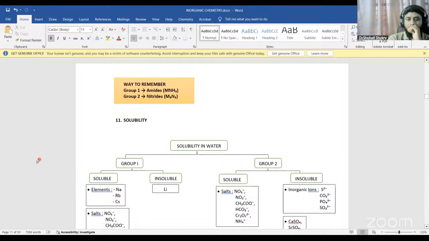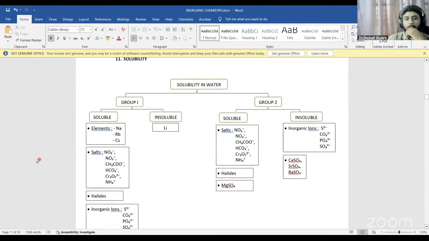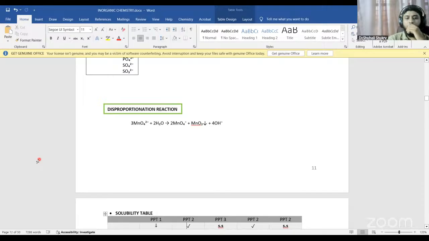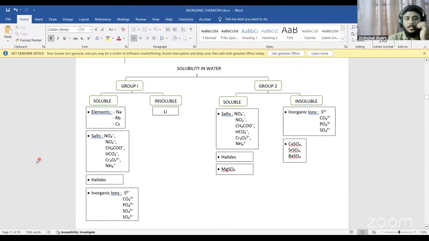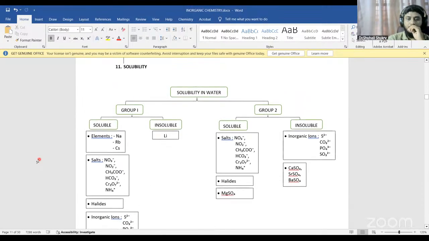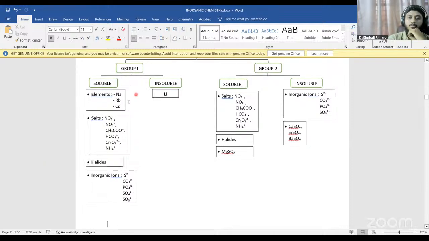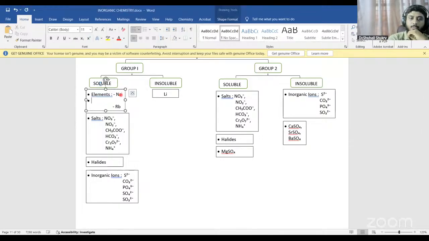So finally we have to come to the solubility of this thing. Normally, all the group 1 elements are soluble: sodium, potassium, rubidium, cesium. The potassium is missing here.